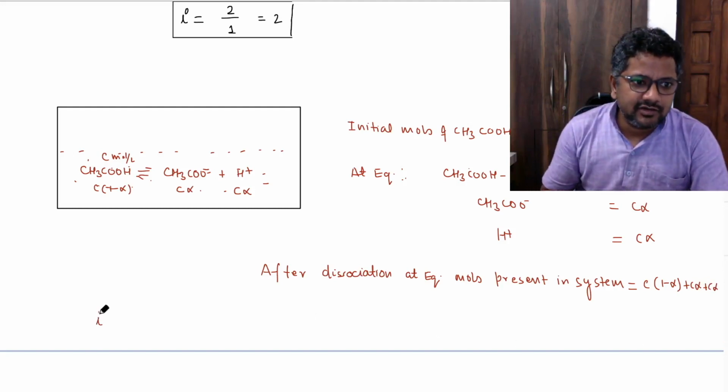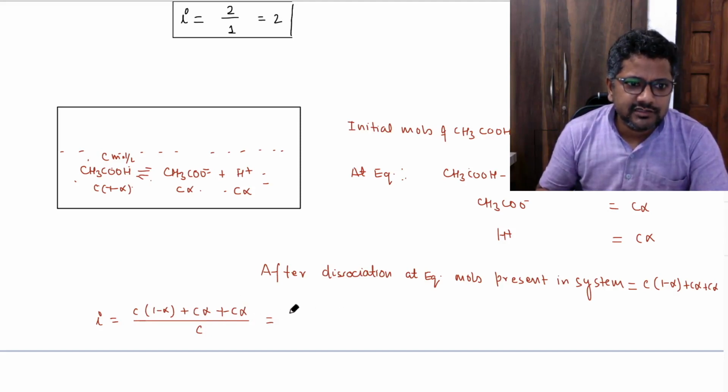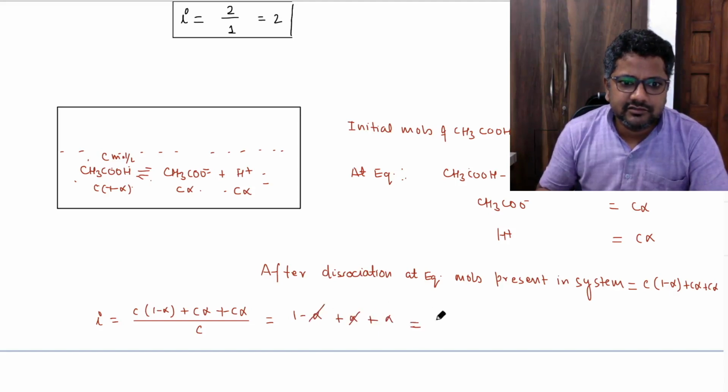So i is equal to, you can write, C into 1 minus alpha plus C alpha plus C alpha, whole divided by C. You can take this C common, so C cancels. So what is left? 1 minus alpha plus alpha plus alpha, so this is 1 plus alpha, right?